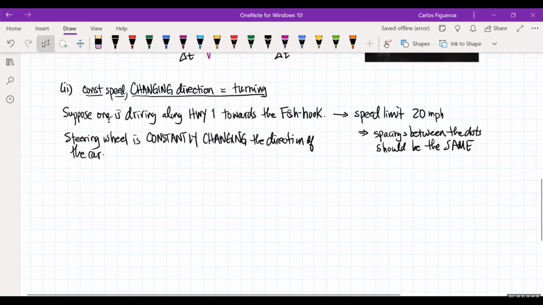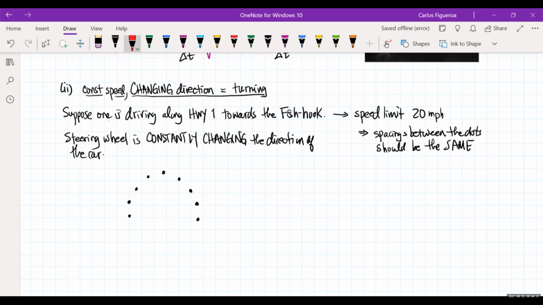So the first thing I've got to do is draw equally spaced dots. So let's do that. You get in, and we're going to say, okay, you're equally spaced, and now you're in the turn. I'm trying to draw all these dots equally spaced.